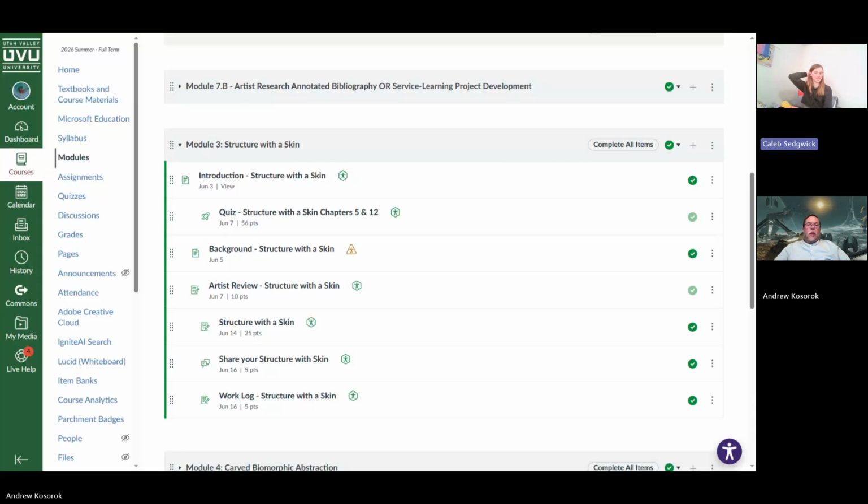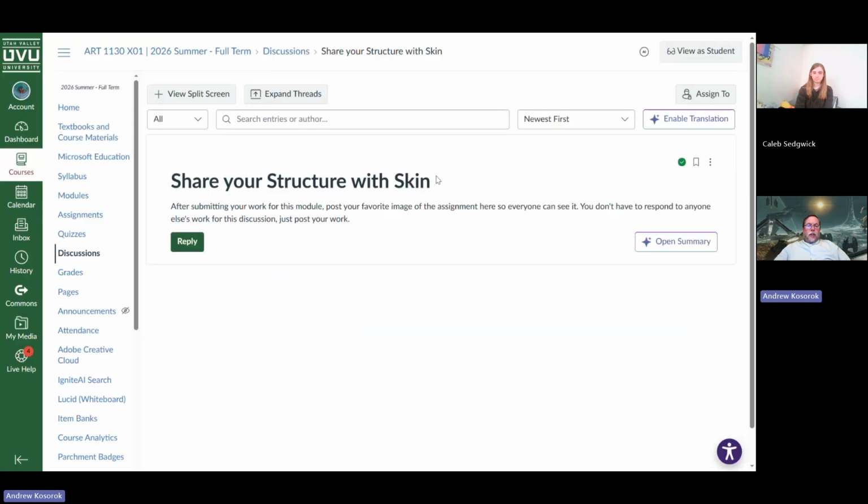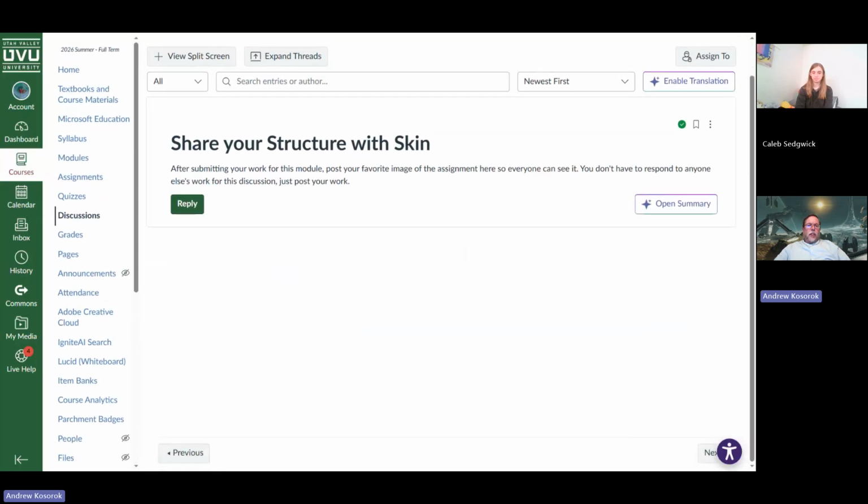It might be a bit of work, but I'd be interested. Okay. What I'm wondering is we have a discussion here, "Share your structure with skin." In this discussion, you're supposed to post an image of this, but if you guys want to use this discussion to talk about that, that'll be totally fine.